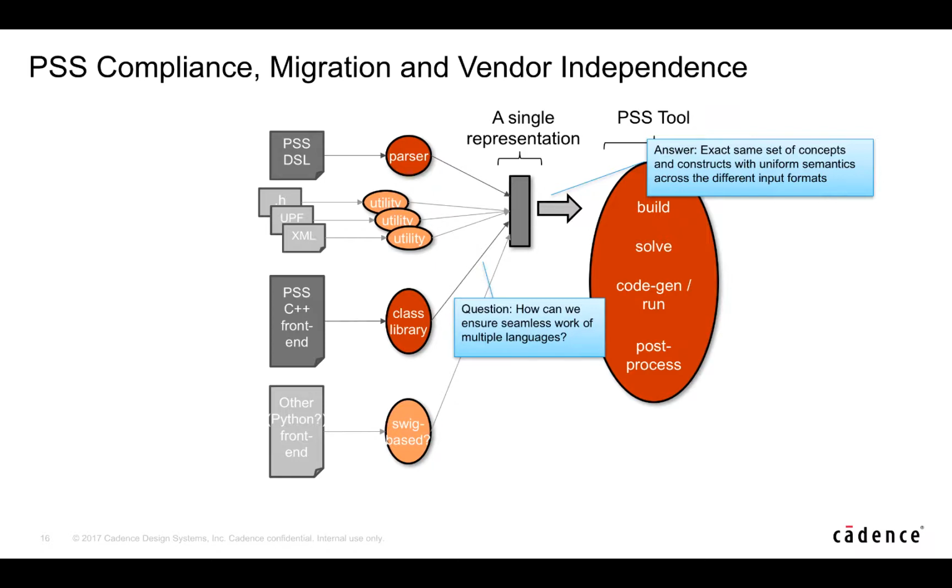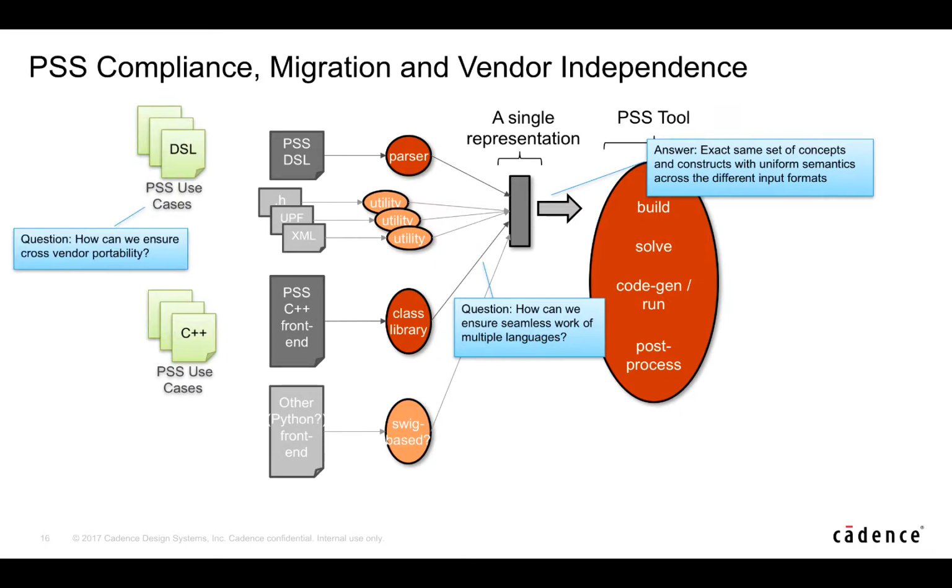It's exactly the same language that is either encoded in a domain-specific language or encoded in a library in C++, but eventually they need to be resolved together. And this is where we create our solution. This is exactly what we're doing with the Cadence technology. We have different kinds of input formats and all of them are resolved together.